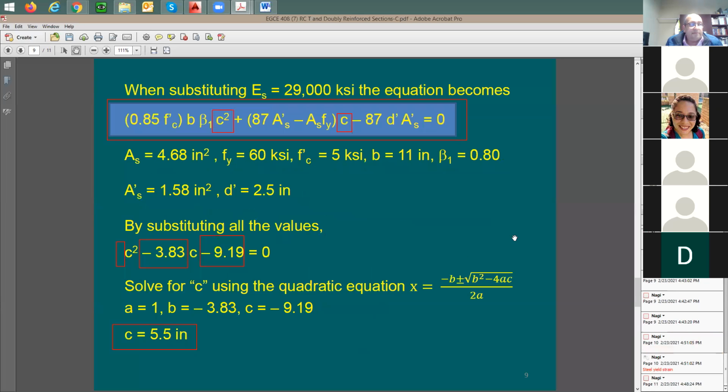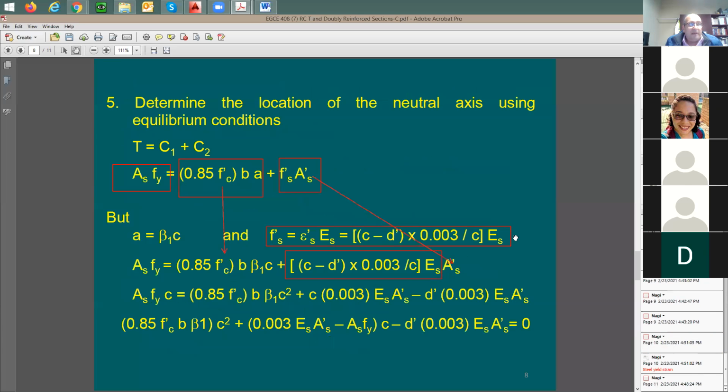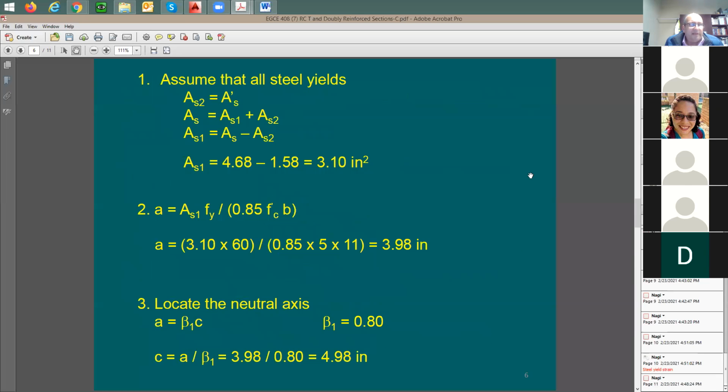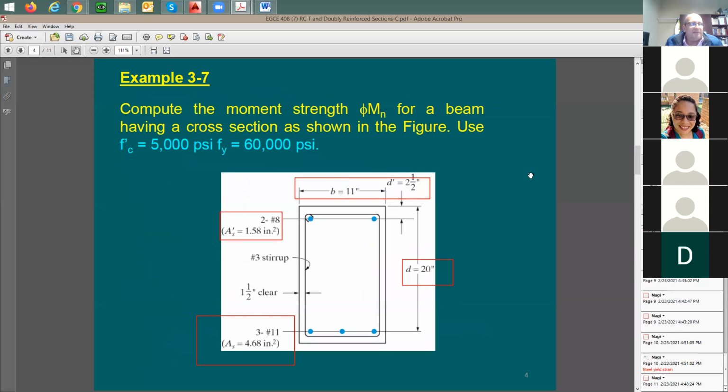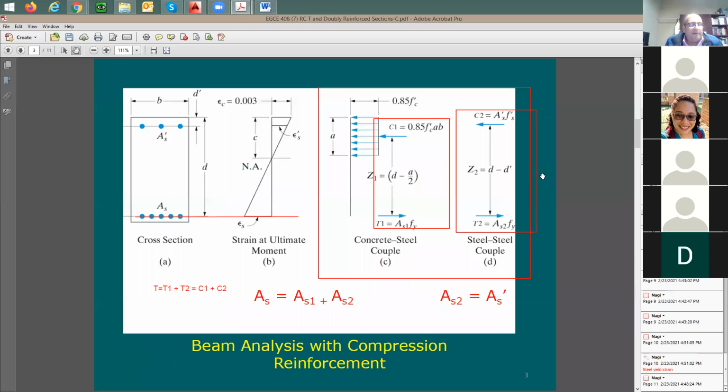Now, there's a bit of side discussion on this. What happens if the bottom steel is not yielding?